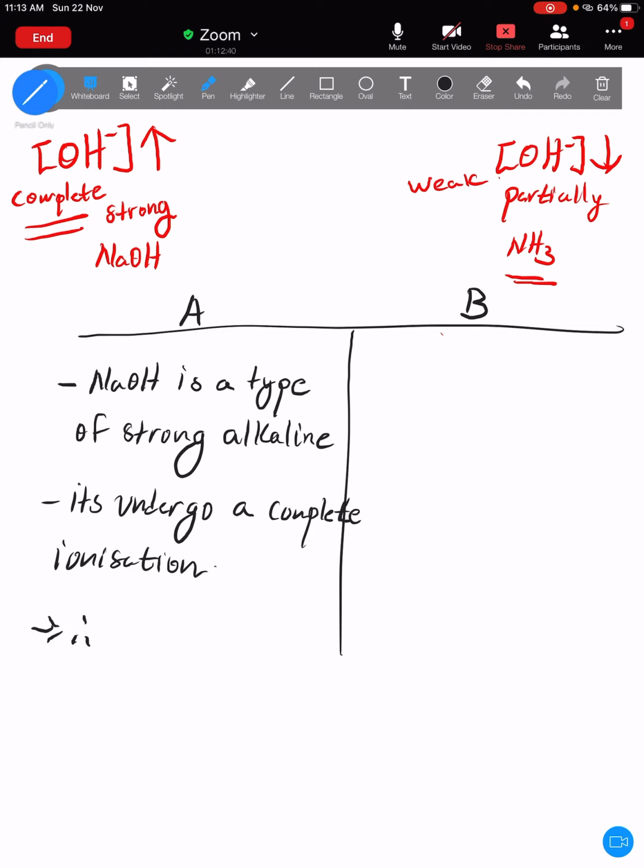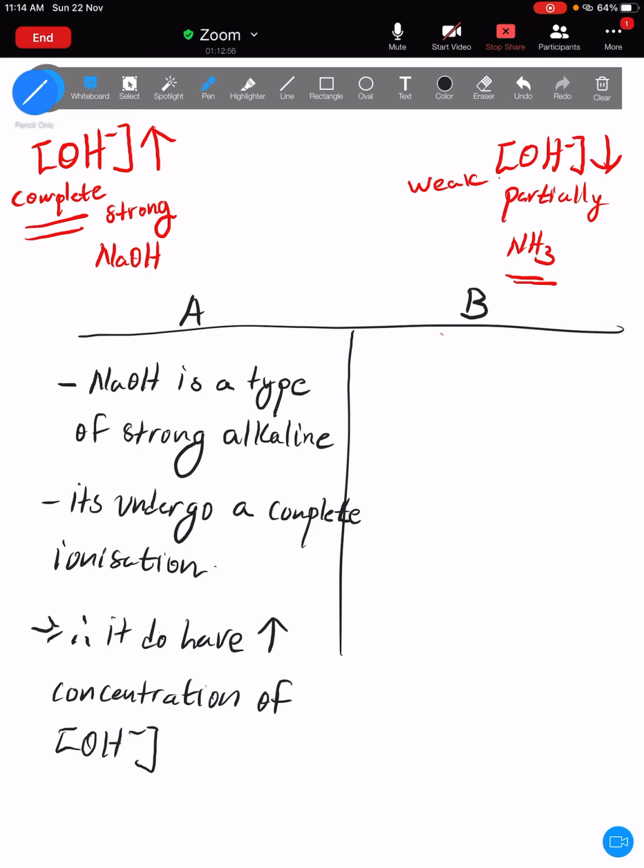Therefore, it does have high concentration of OH minus.